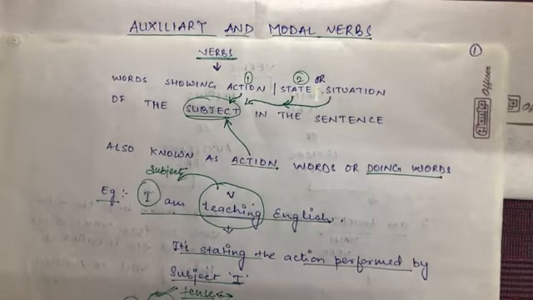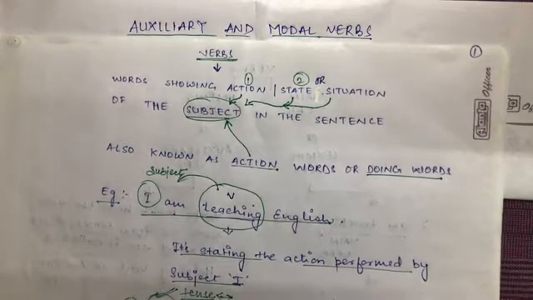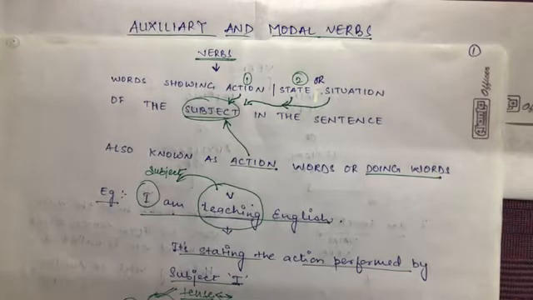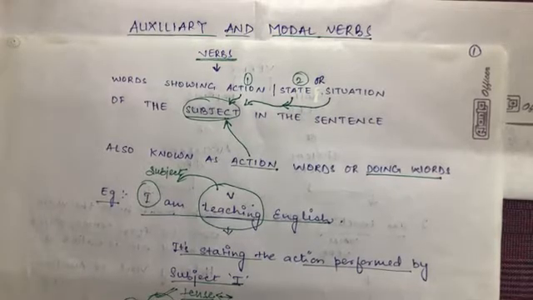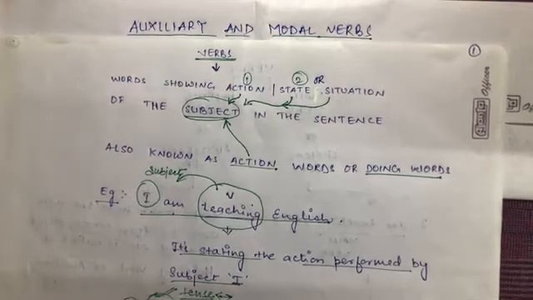I will meet you next year. Here the verb will shows the future state of action, and meet is another verb which shows the action performed by the subject I. Clear?